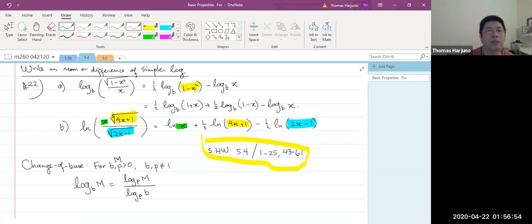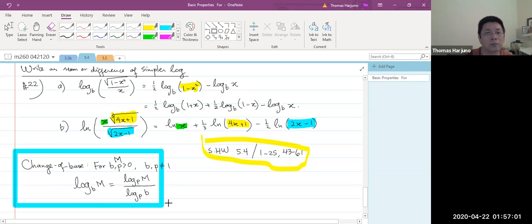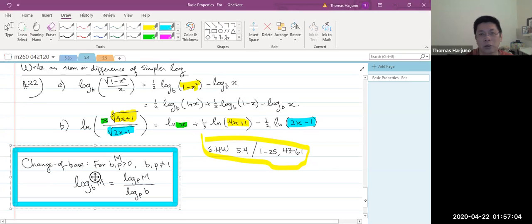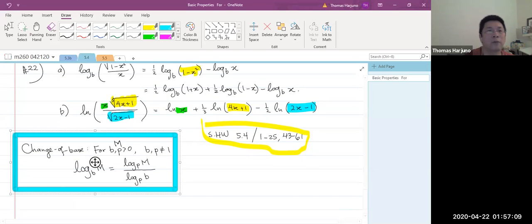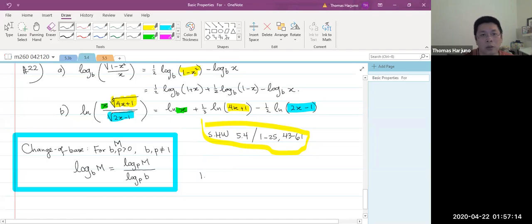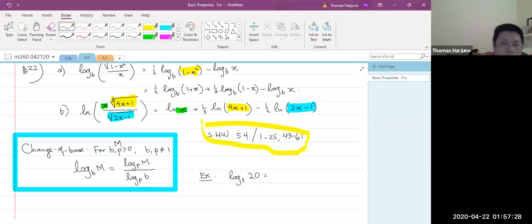Like I said before, this enables us to use a calculator to compute certain log values, which we will need on Thursday. For example, let's say I need to compute log base 3 of 20. Most of the time, your calculator doesn't have base 3, especially if you use a TI-30 or TI-36.